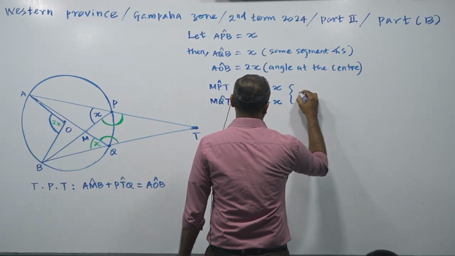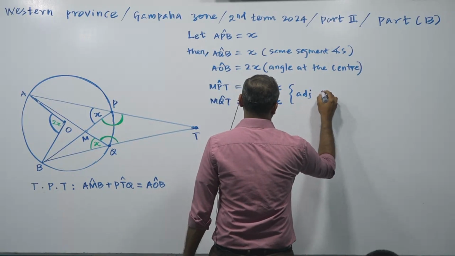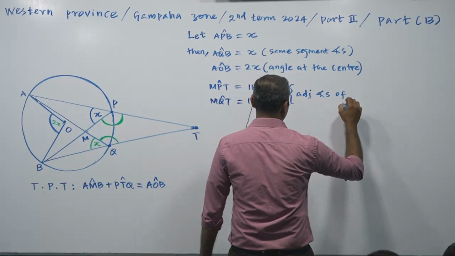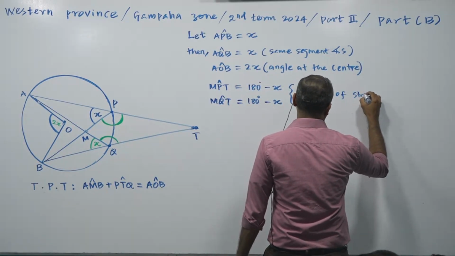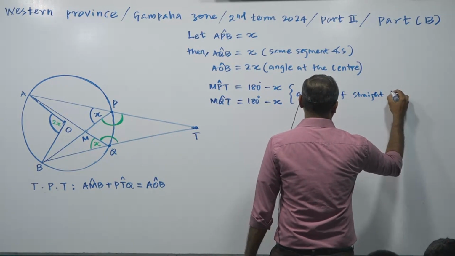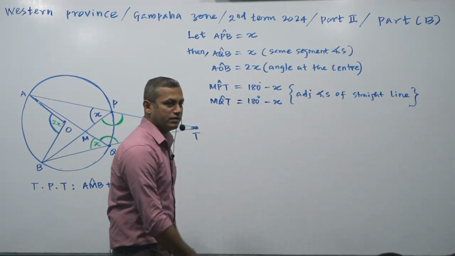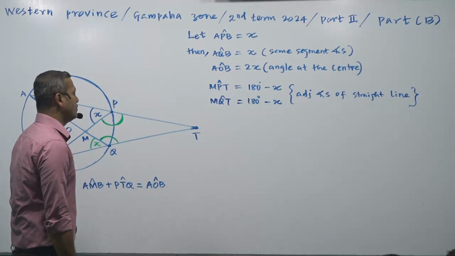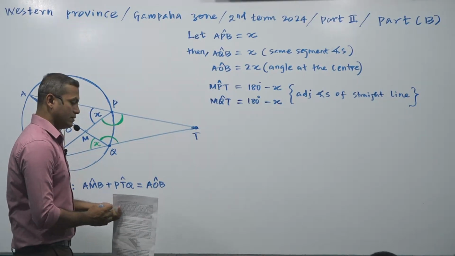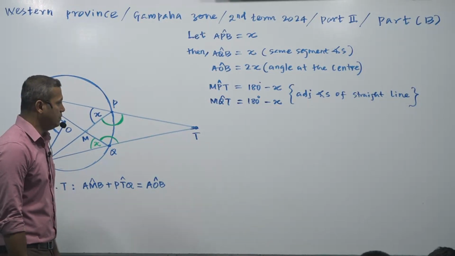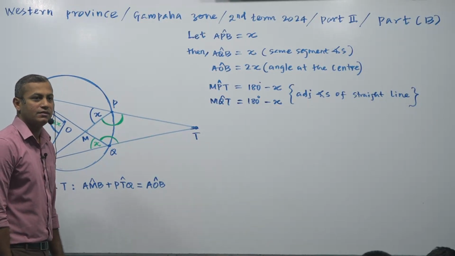Adjacent angles of a straight line add up to 180. Any doubts? Right.